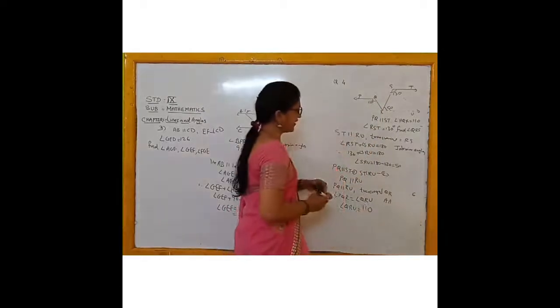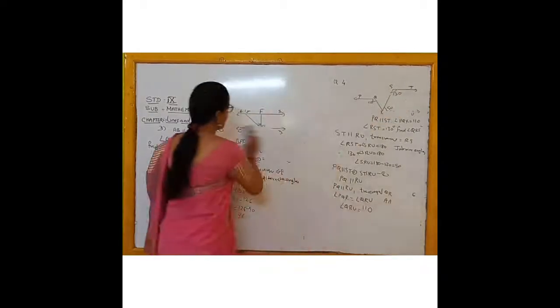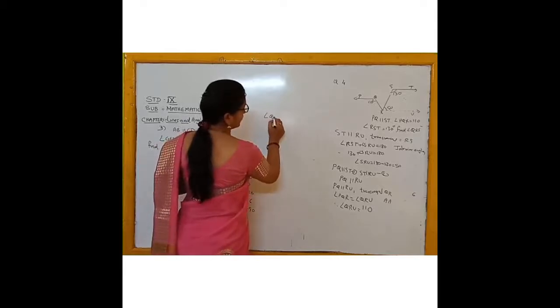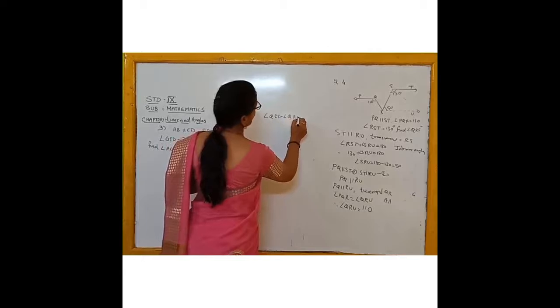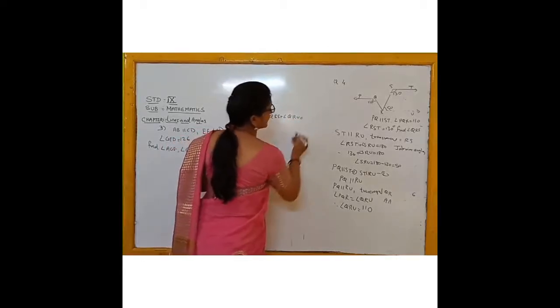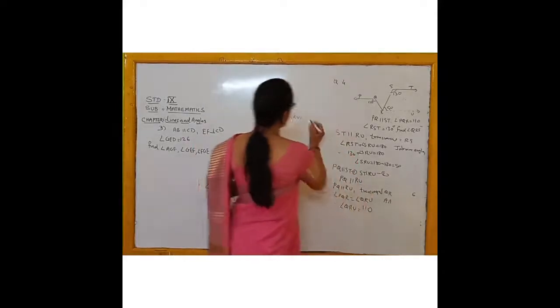Now, we have to find out angle QRS. What can we do? Angle QRS plus angle SRU is equal to angle QRU, which is 110.